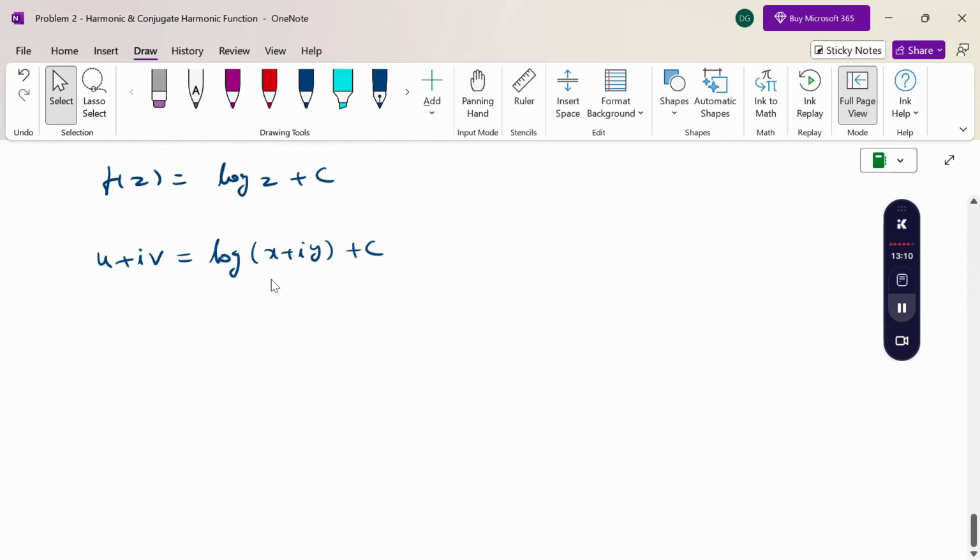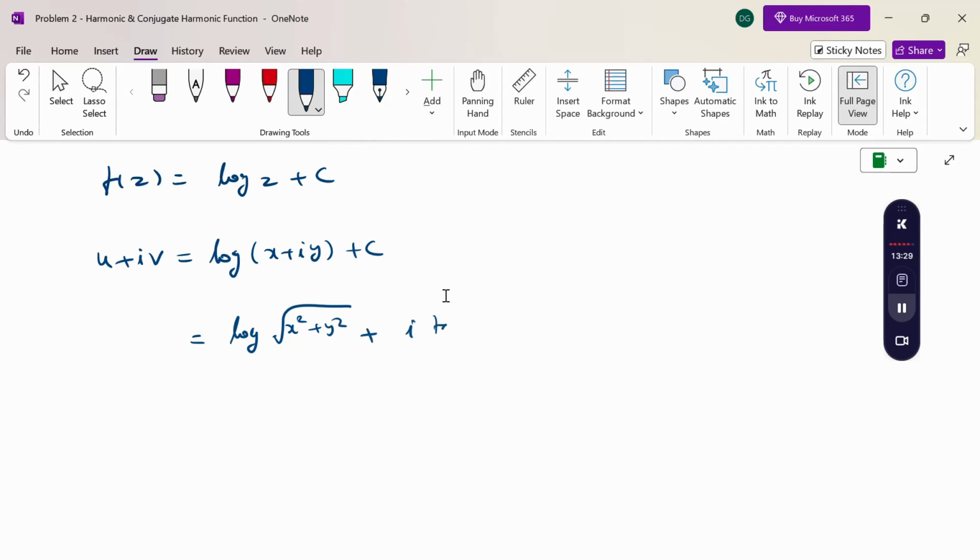From this equation, log of x plus iy is, as we know, log of the square root of x square plus y square, plus i into tan inverse of y by x, plus the constant c1 plus ic2.